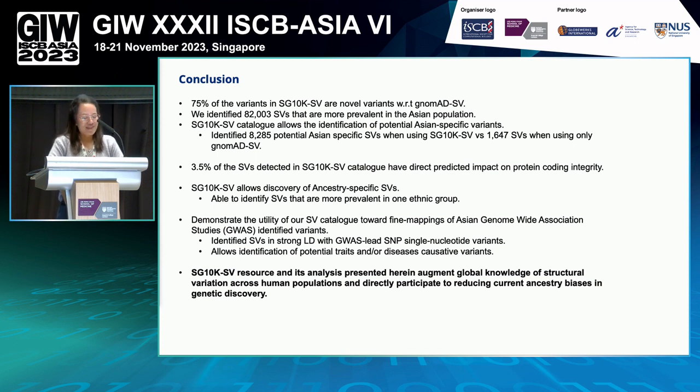The SG10K-SV resource and its analysis augment global knowledge of structural variations across human populations, and they will help reduce current ancestry bias in genetic discoveries.